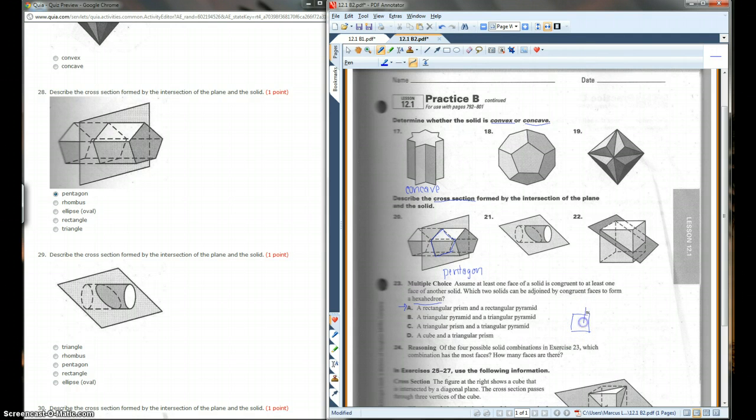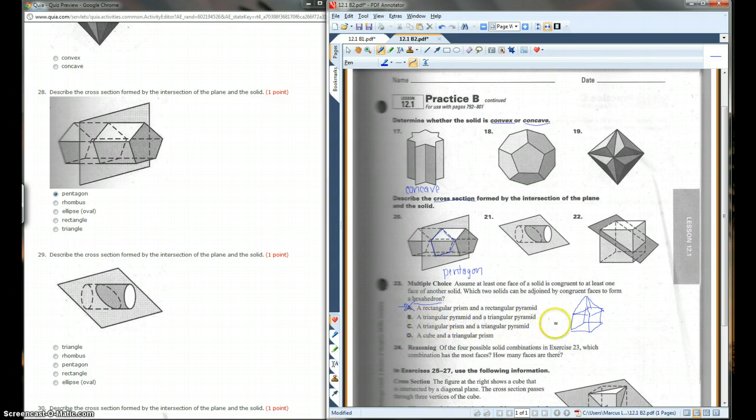It's probably going to look very cube-shaped. Yours doesn't have to. Now I'm going to attach it to a rectangular pyramid. There we go. That doesn't really look like a hexahedron. So that's not it.